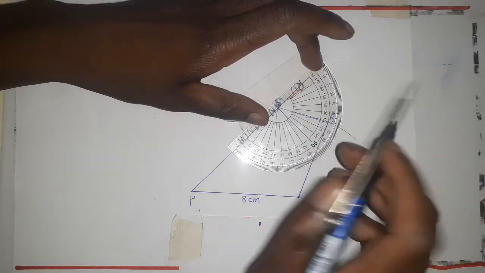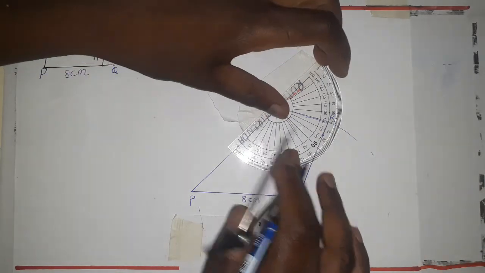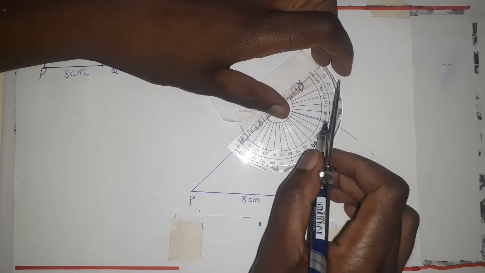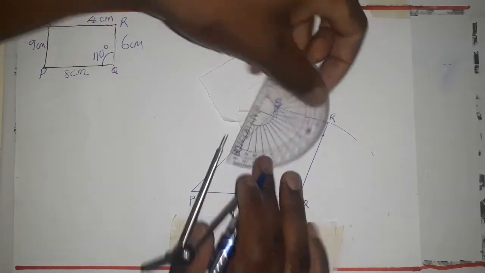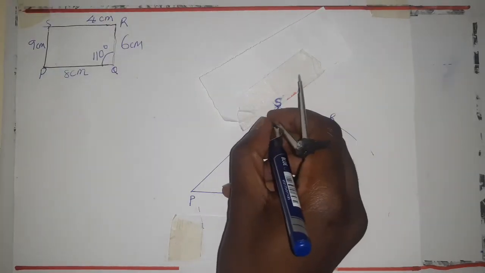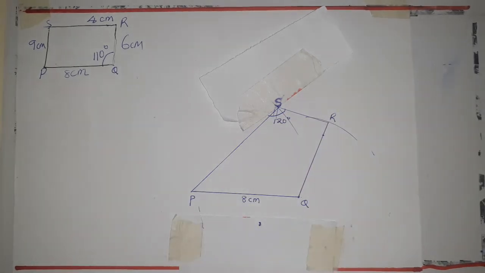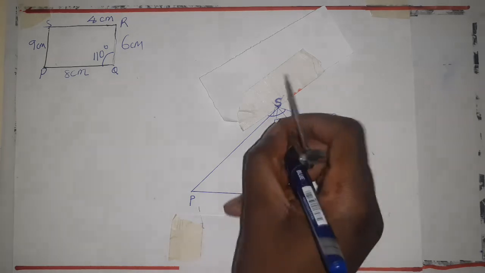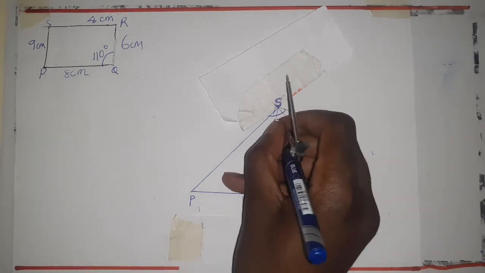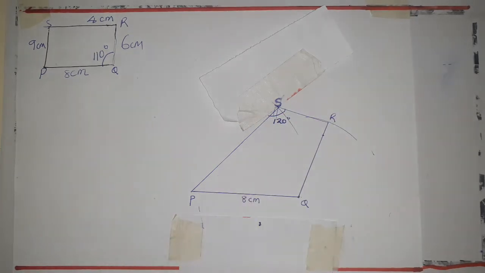Could be 118, 119, 120, somewhere there. When you get something, remember we are estimating plus or minus 1. So this is 120, the angle that is needed there.